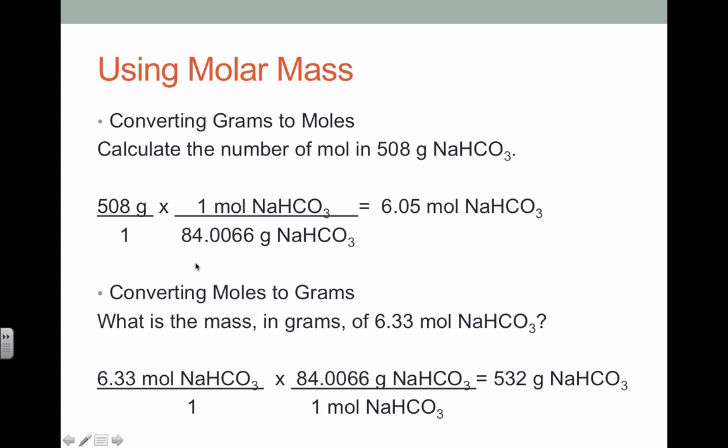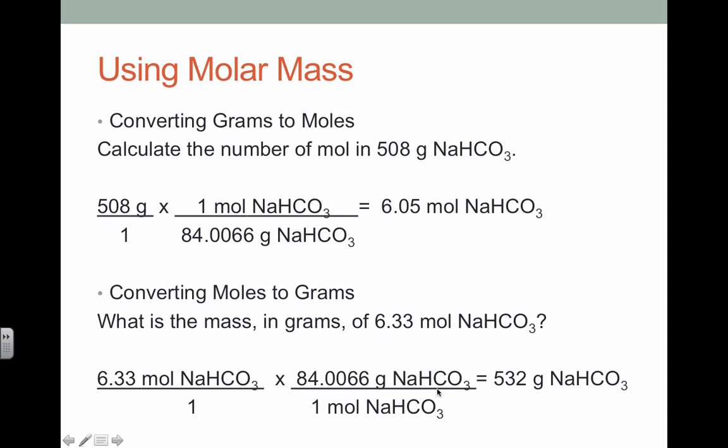That's where this 84.6 comes from. It's the sum of the sodium plus hydrogen plus carbon plus 3 oxygens. So it's 1 mole over this, and the purpose of that is to have the grams cancel, leaving us with a little over 6 moles of sodium hydrogen carbonate.